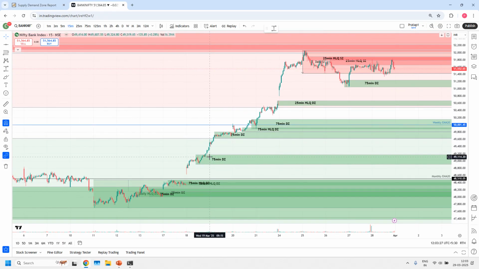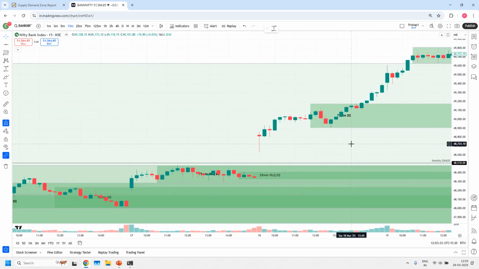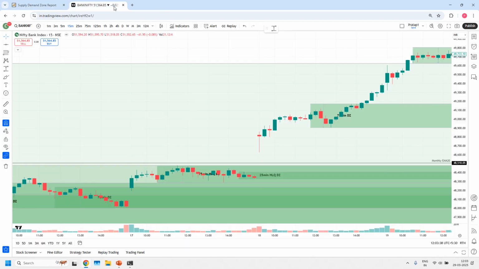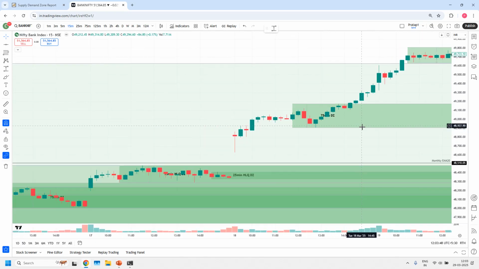Within this zone, any 15 minutes, 19/3, when it is 19/3, 15 hours. This is 19/3, 9:45, not here.